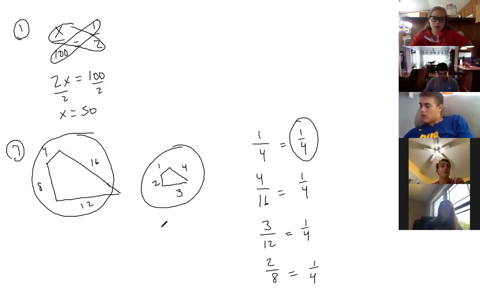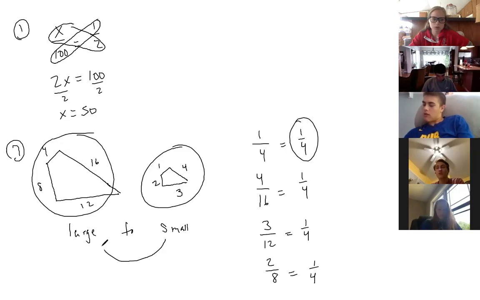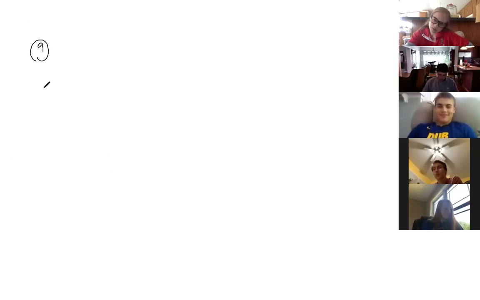So we have to go from small to large. Oh, okay. So that's why we start with the sides of the smaller one first. They're just making it difficult for no reason. No, it's making me think. That's cool, but it's good.